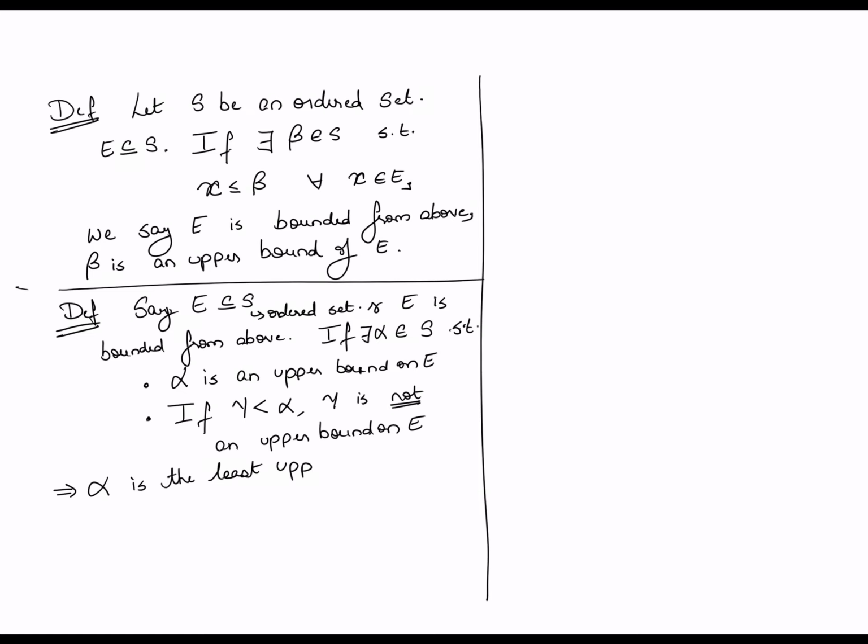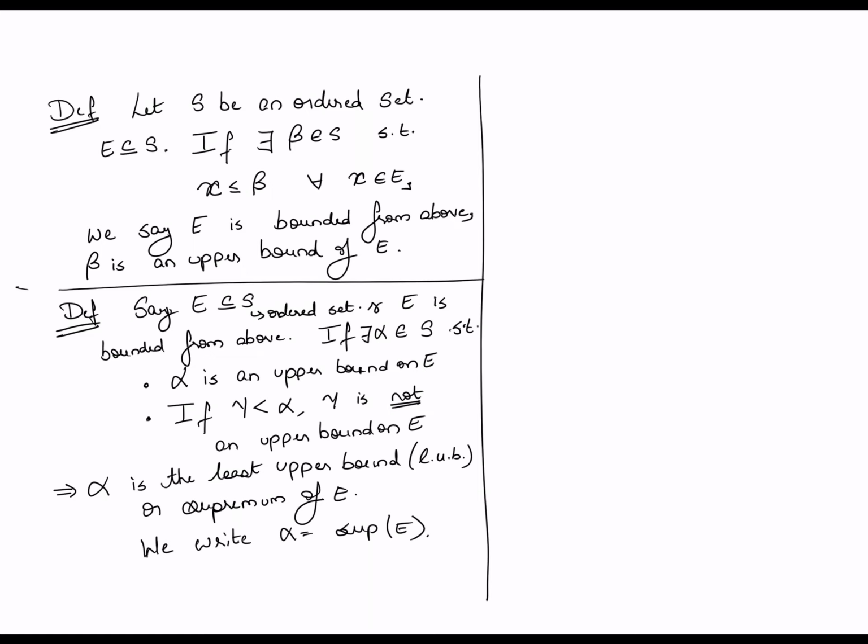Least upper bound, short LUB or supremum. And specifically we will usually write that alpha is sup of E. So what is the supremum or least upper bound of a subset E that is bounded from above?